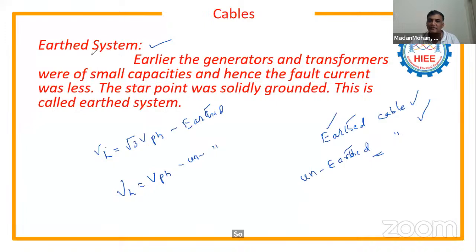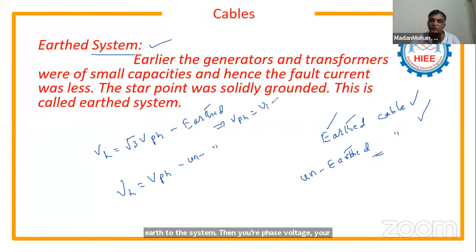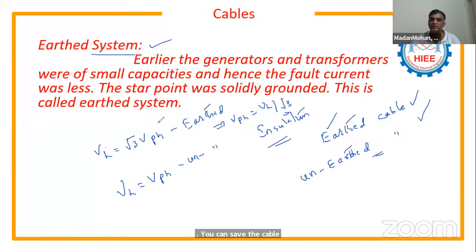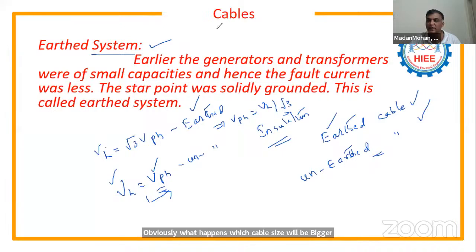If your system is a solidly earthed system, then your phase voltage is going to reduce by root 3 times. When the phase voltage is reducing by root 3 times, in the sense of insulation, you can save cable cost when you are going with earthed cable. If your system is an unearthed system, your phase voltage is equal to line voltage.